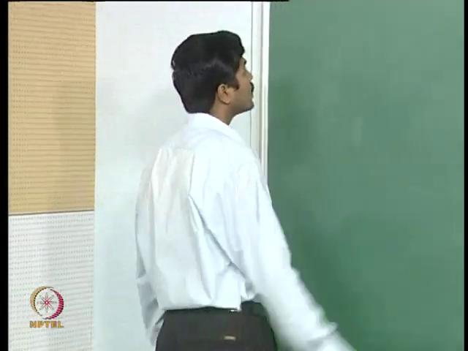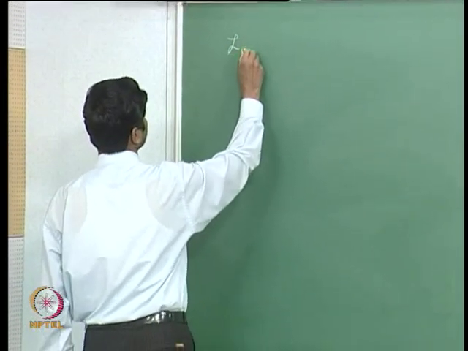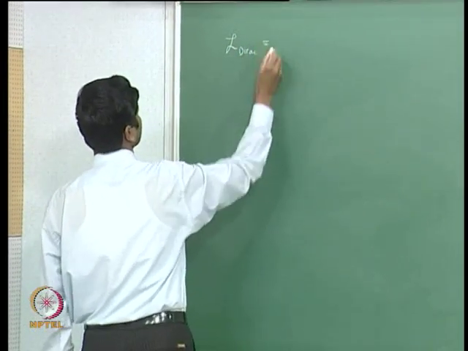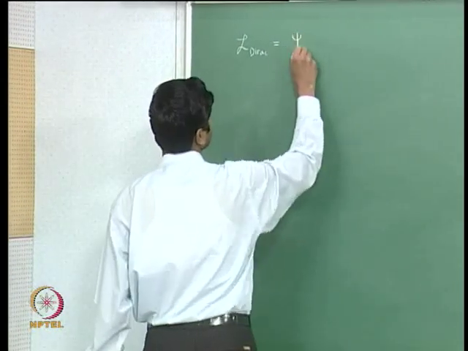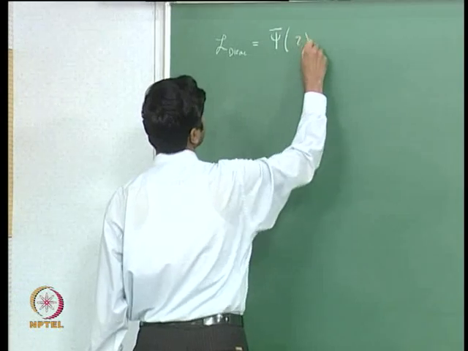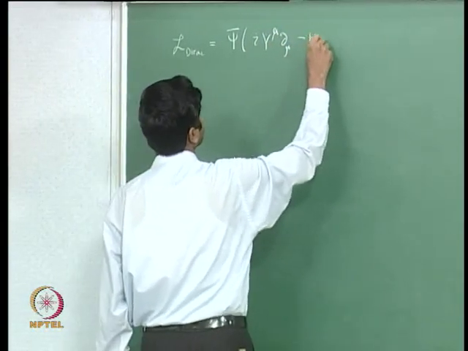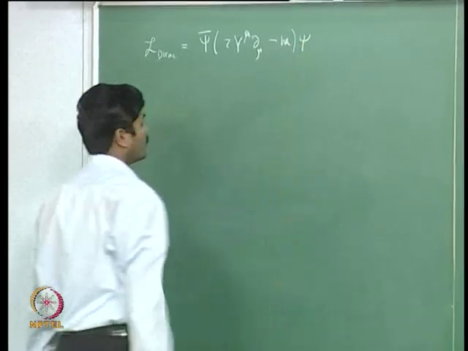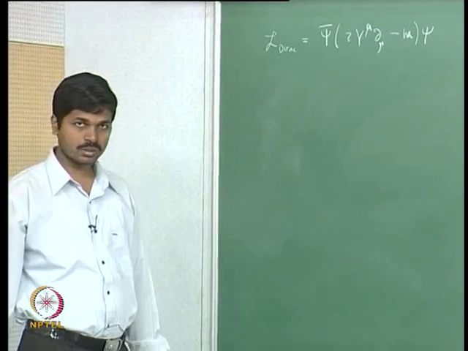Last lecture we constructed a Lagrangian density for the Dirac spinor, and the Lagrangian density is given by ψ̄(iγ^μ ∂_μ − m)ψ, from which we can derive the equation of motion.